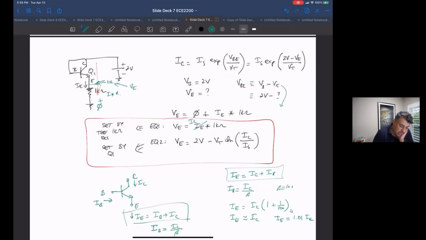Whenever your device is in forward active mode, the reasonable range of VBE values is like, I don't know, 600 to, actually, I'm going to tighten it up a little bit more. You might go below 600, but I would say it's even more limited: 650 to say 850 millivolts.